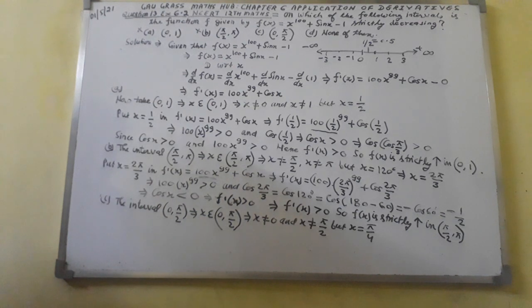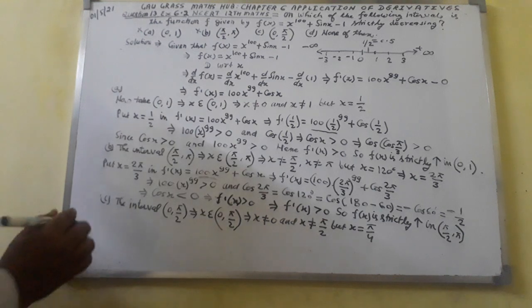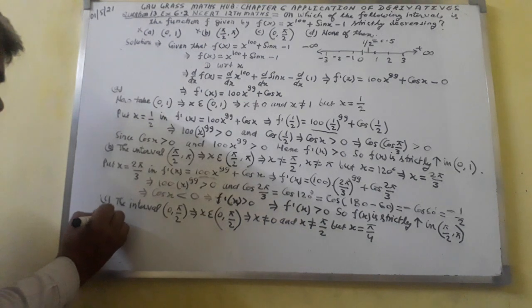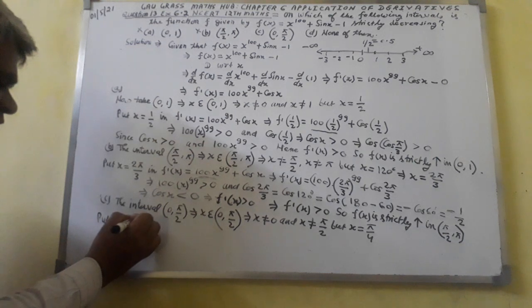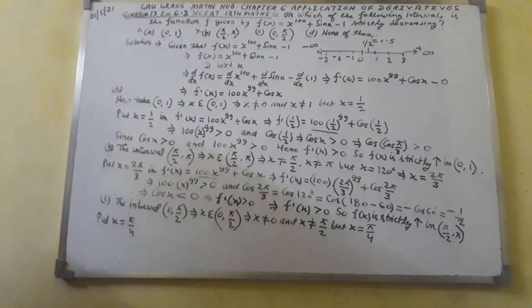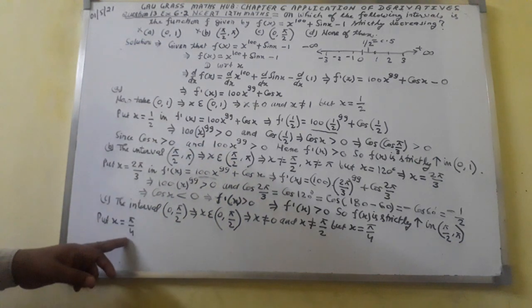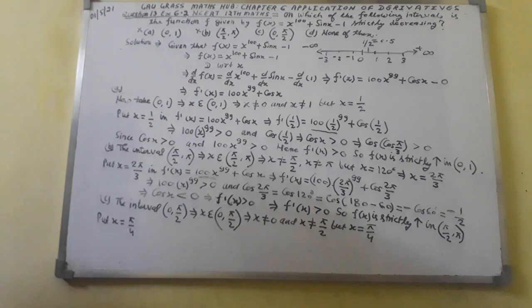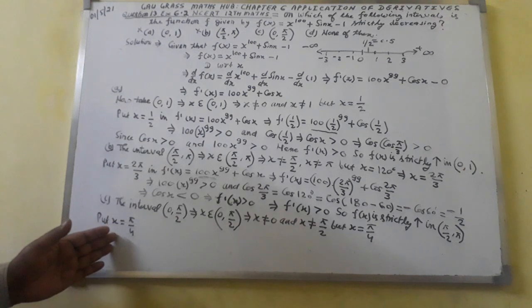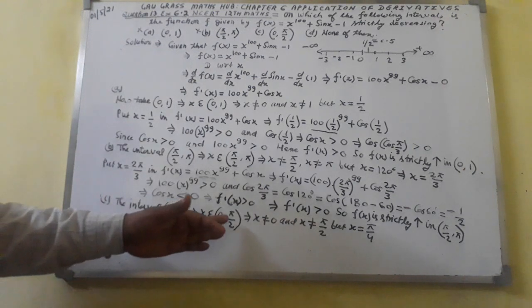Now put the value at the proper place. So here I shall write put x equal to pi by 4. Pi by 4 is between 0 and pi by 2, that is, 45 degree is between 0 and 90 degree.